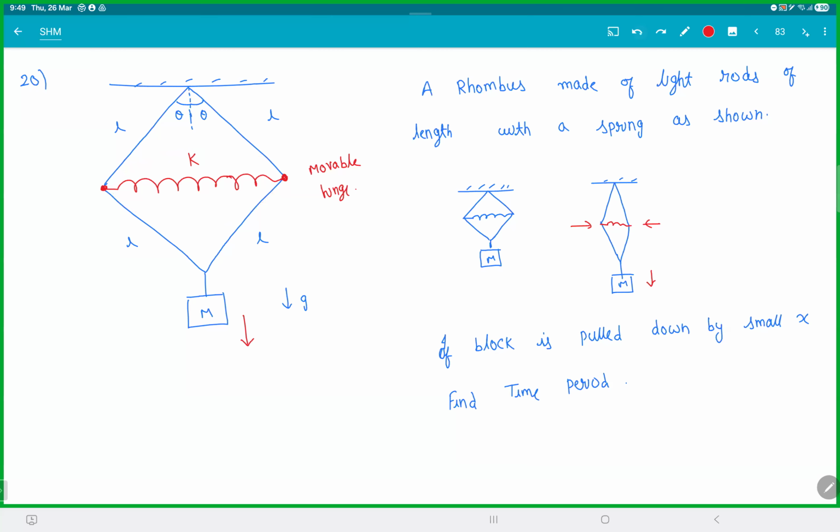If you pull the block down by x or y, what will be the compression in the spring? And let this thing be y, because it's in y direction.